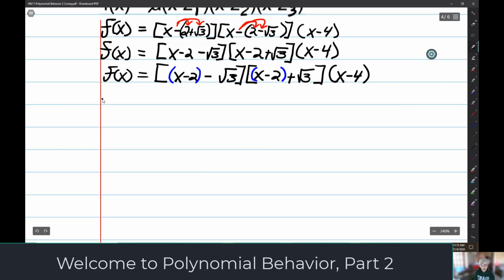Okay, now I'm going to skip this step. I mean, not skip the step, but skip the line. For the following reason, I'm going to point something out to you. The x minus 2 and the x minus 2 are identical, so they are going to be A, and the square root of 3, they're the same.